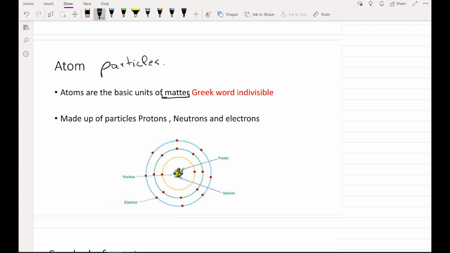Atom is a Greek word. It means indivisible. But this naming was before scientists discovered that even atoms are formed of particles. So they are actually formed of protons, neutrons and electrons, as we see in this figure.